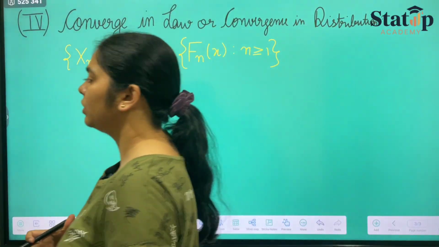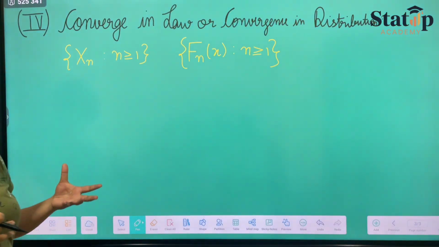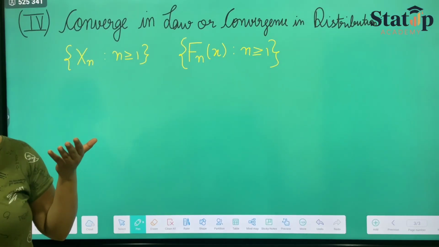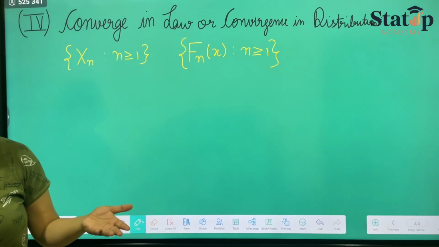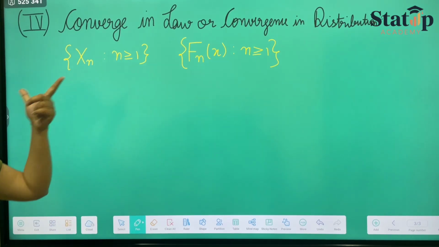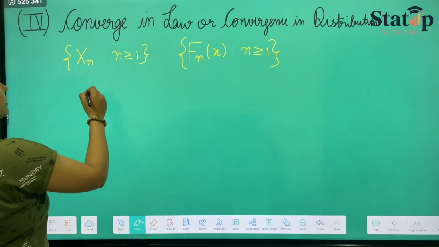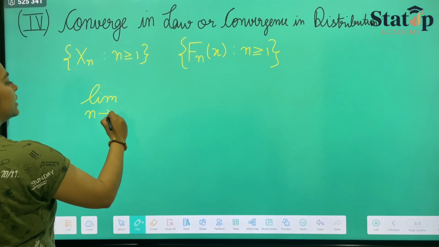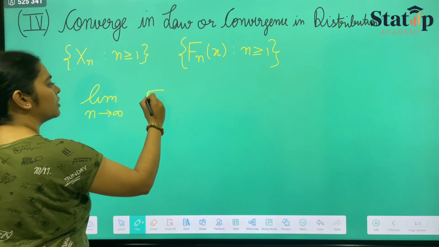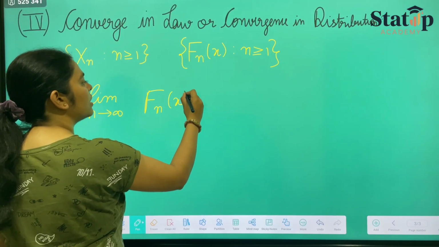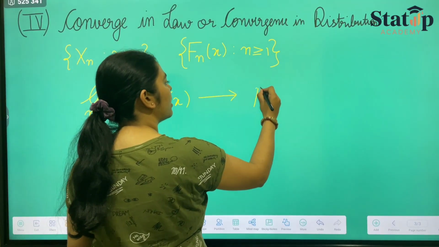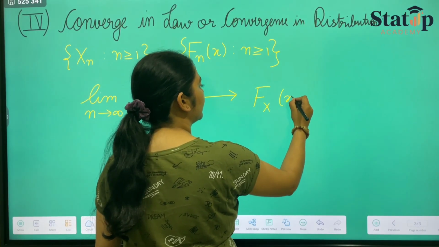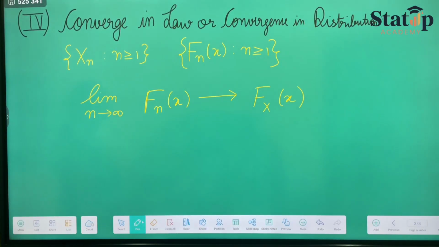Now if we have been given this, then we can say that this distribution converges to another distribution in X when these two situations are satisfied. That is, whenever we take the limit as n tends to infinity, this distribution function Fn(x) always converges to Fx(x). It always converges in law or in distribution to this.